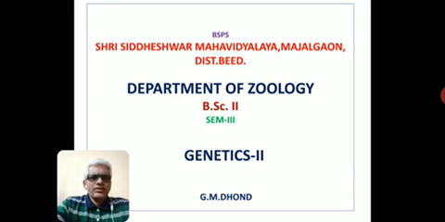Previously, in first semester, you have already seen cell biology, that is the structure of cell, the structure of nucleus, structure of chromosomes. So, I think you have sufficient knowledge about the basics of the structure of cell and the structure of the genes.